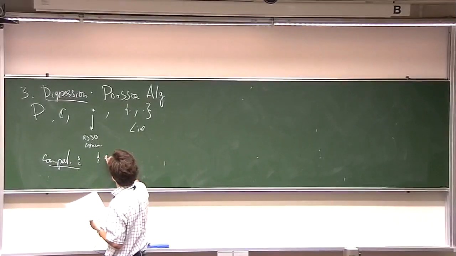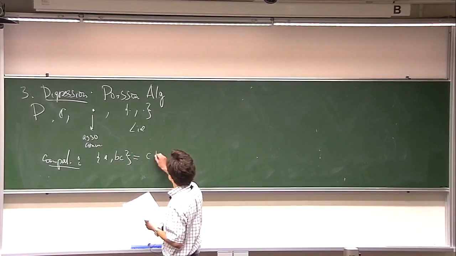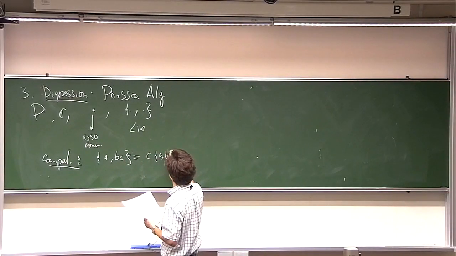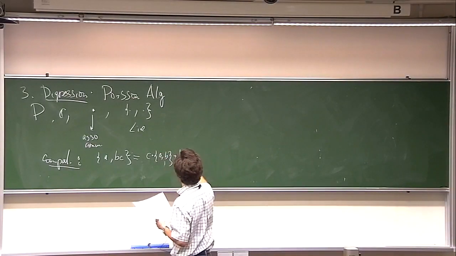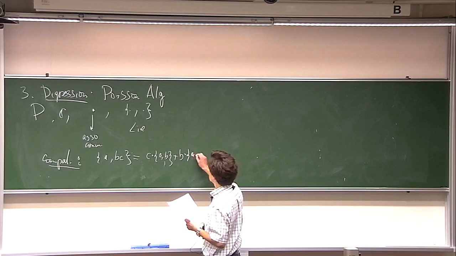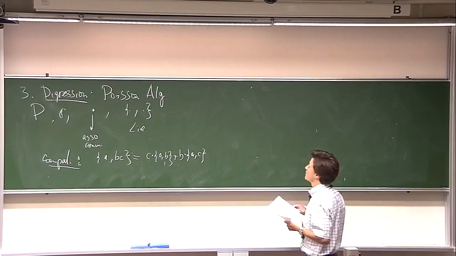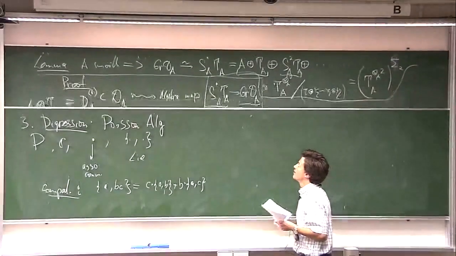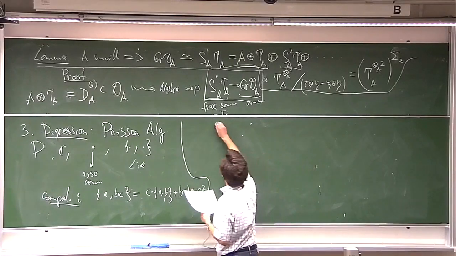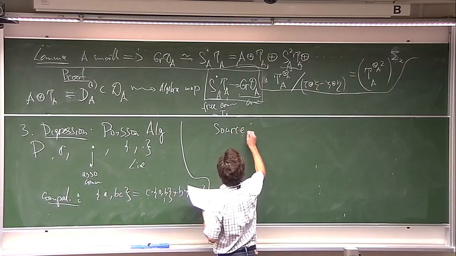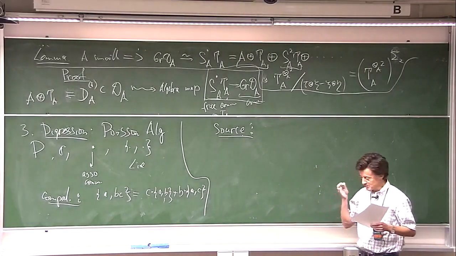So the bracket of A with BC is C times the bracket of A and B plus B times the bracket of A and C. Here is the source of Poisson algebra. I'm cheating, of course.